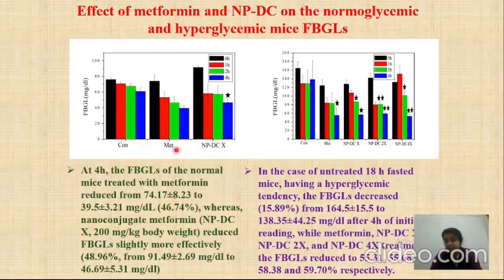But in pure metformin, 100% metformin was present, while in the NPDCX sample, only 5 weight percentage of the metformin was present. That means 5 weight percentage of metformin can show a similar effect as the pure 100 weight percent metformin when it is conjugated with these types of non-toxic nanocomposite, right?